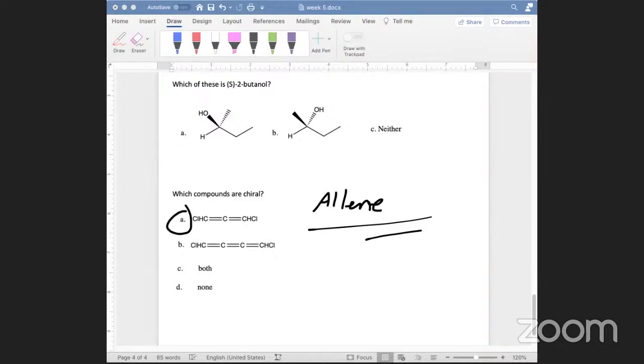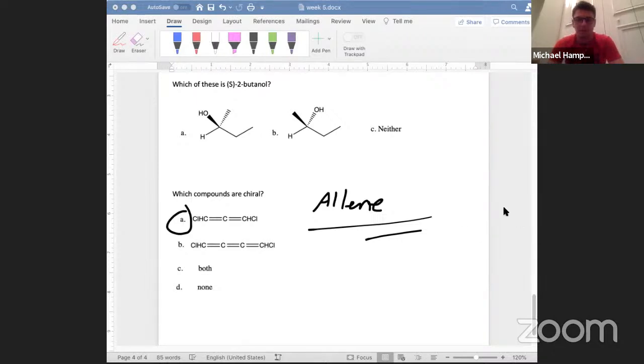If it was a certain number of double bonds with two different groups on those carbons, then it was chiral, and then an odd number is achiral, if I don't have it backwards. I don't have a tablet, but I'm putting something in the chat right now that is all you need to know for allenes.